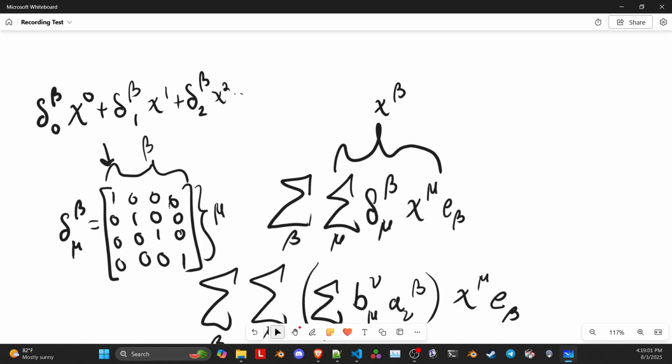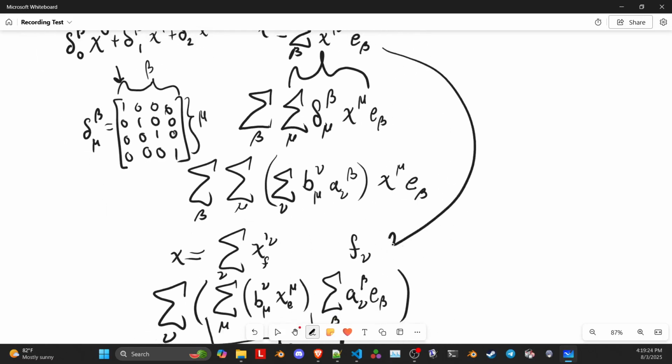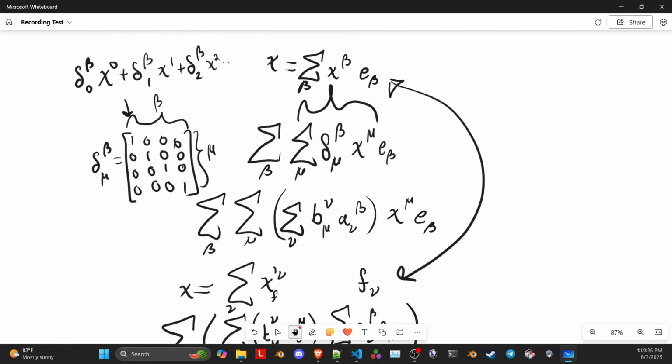So in that way, it's easier to think about it as taking the outer sum first. You pick a value of beta, and then the value of mu has to conform to the value of beta. So we just get, which is the original definition of x. And somewhere in here you can connect these two equalities and see that x has this expression in either basis.